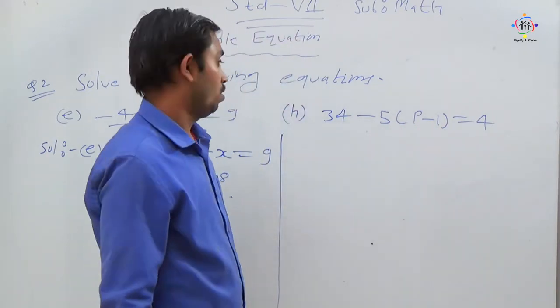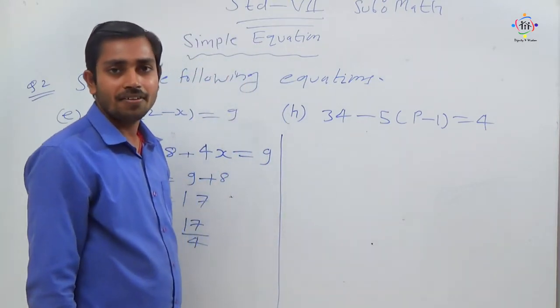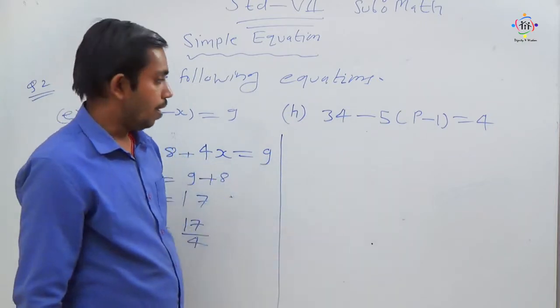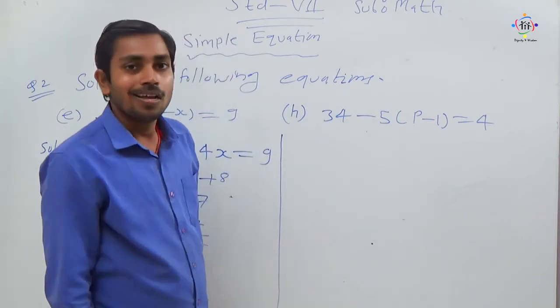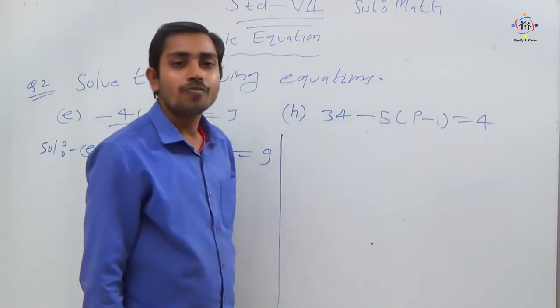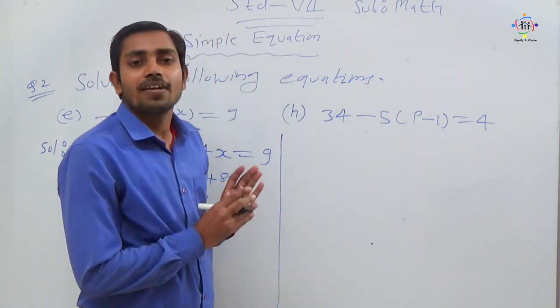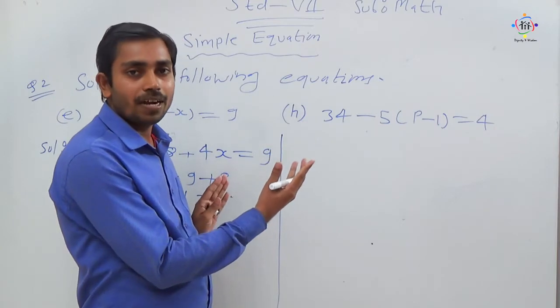Here also we have to apply the same concept to determine the value of p. Our task is to find the value of p. To determine this value of p, we will segregate the variable p on one side and the constant on the other side.